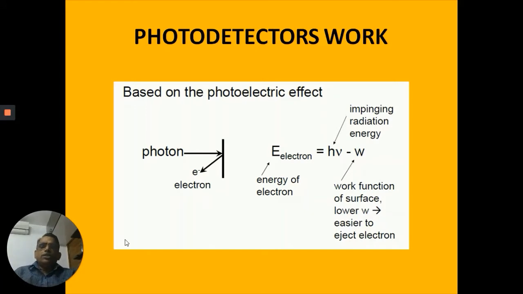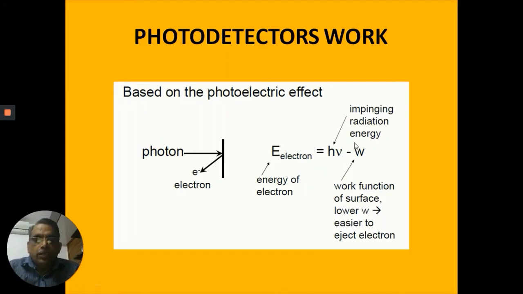Now, how do these photodetectors work? They all work based on the photoelectric effect, which was given by Albert Einstein. So one photon absorbed by this material ejects one electron. That is called the primary electron, and this electron is used as a measurement of photocurrent.